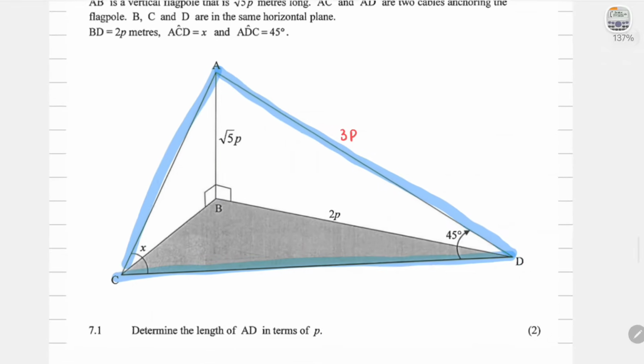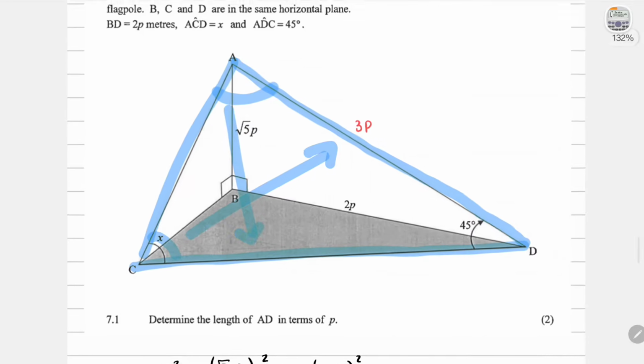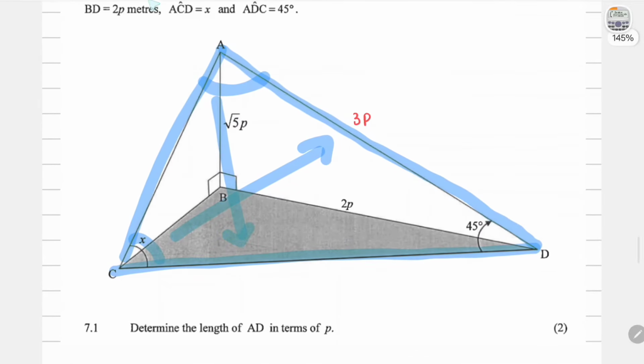So in this triangle, what can we use? Well, we've got two angles and a side that are complete. Since we're looking for CD, we could focus on finding this angle CAD first, since it is opposite CD, and then we could use the sine rule. How do we find this angle CAD?